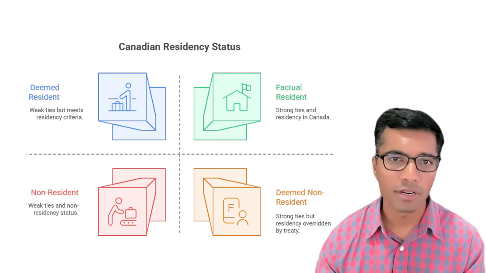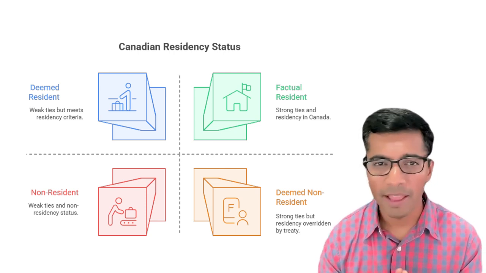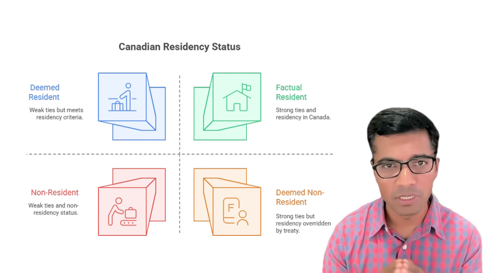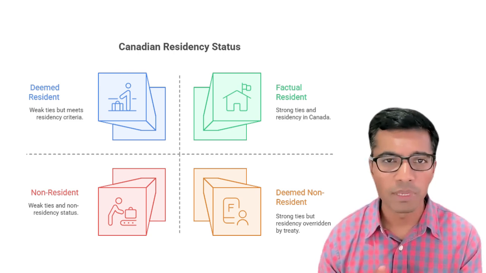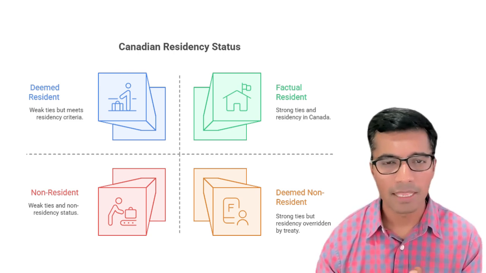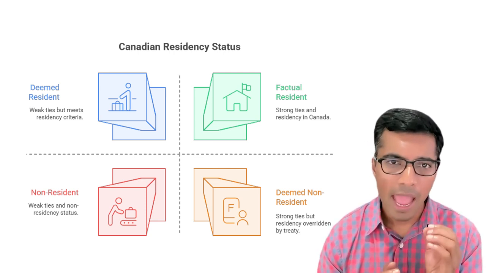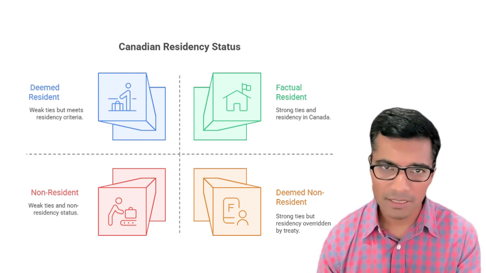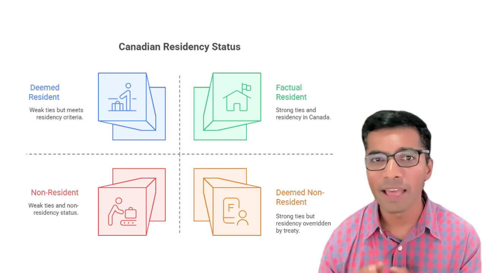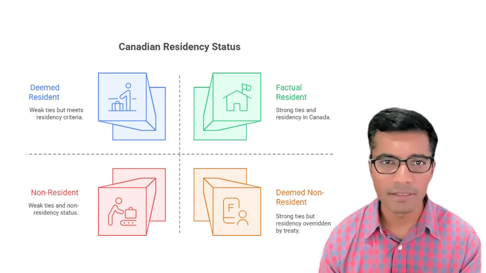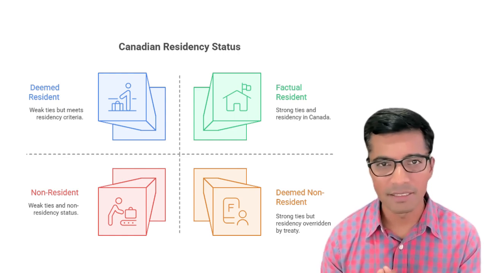Third, non-resident. You don't have residential ties and you don't qualify as a deemed resident. Then you will be a non-resident. Last, deemed non-resident. You have strong residential ties, but you are considered a resident of another country with a tax treaty. This treaty overrides your Canadian residency.